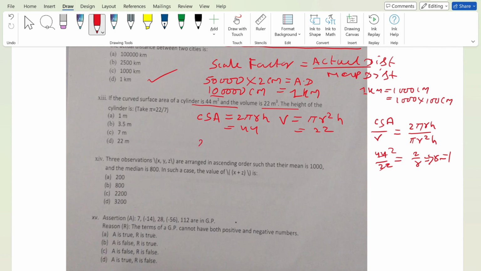So 2 into 22 by 7 into 1 into h equals 44. From this we get h equals 7 meter.